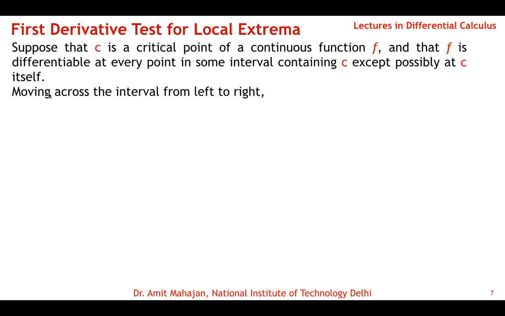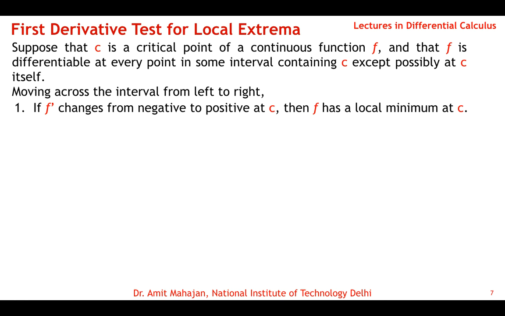Then moving across the interval from left to right, the following holds: if the derivative changes from negative to positive at C, then the function has a local minima at C.